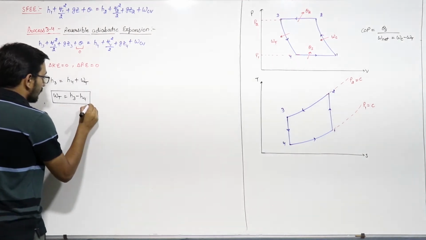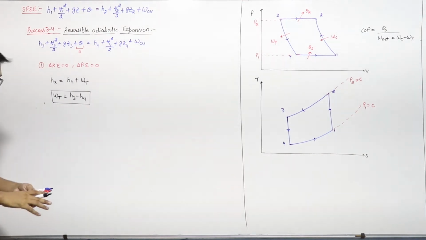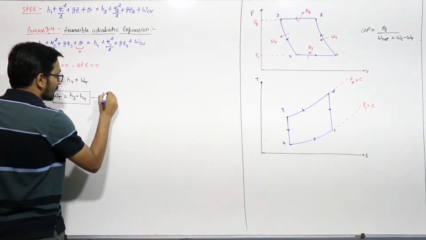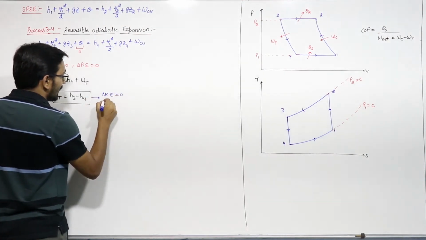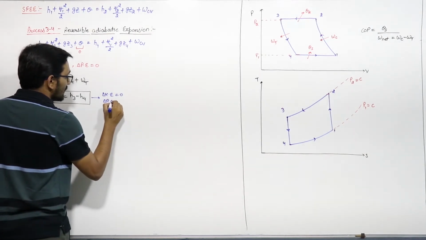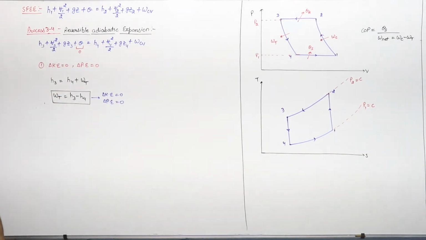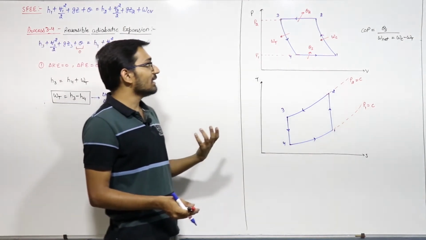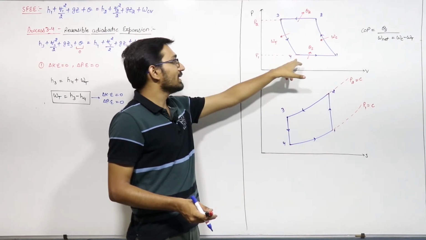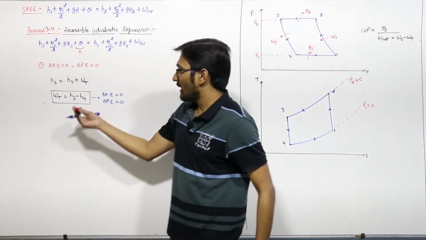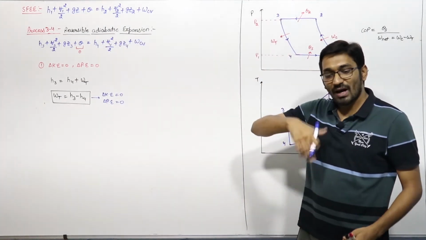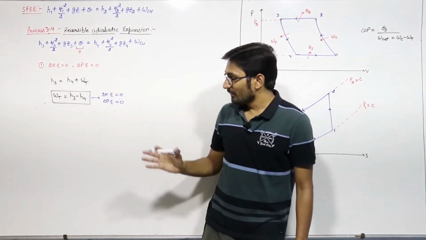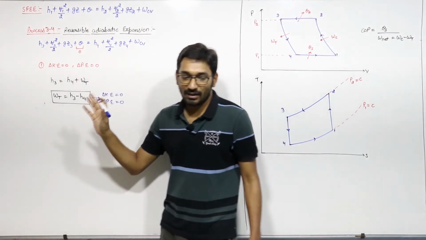The assumption for using this equation is only one: changes in kinetic energy and potential energy are 0. If the velocity values or the height values are given for point 3 and point 4, then you cannot use H3 minus H4 directly. You have to go with your basic steady flow energy equation. This we can use if we neglect those.